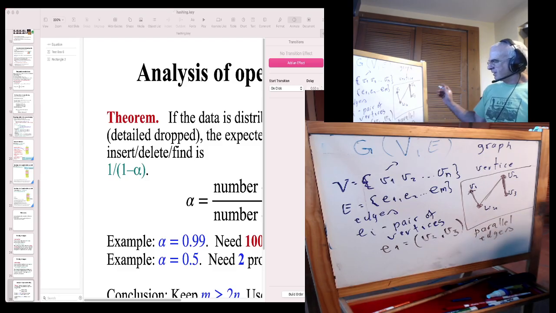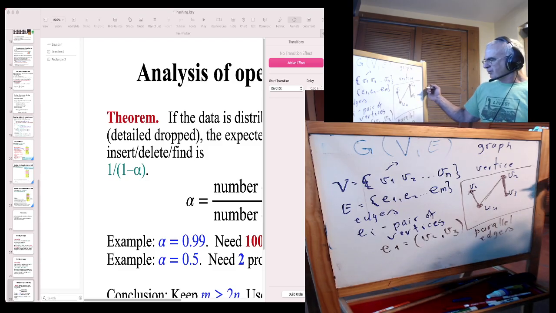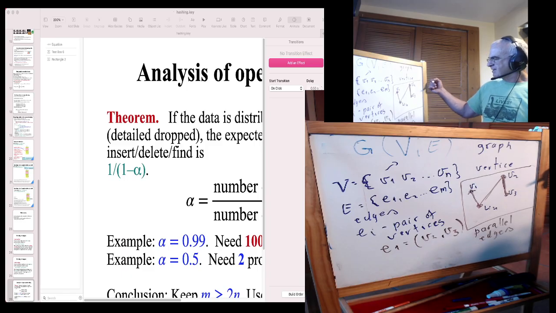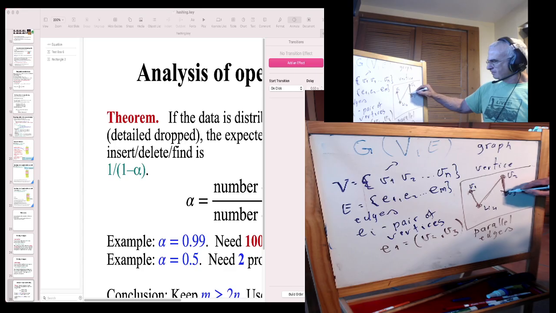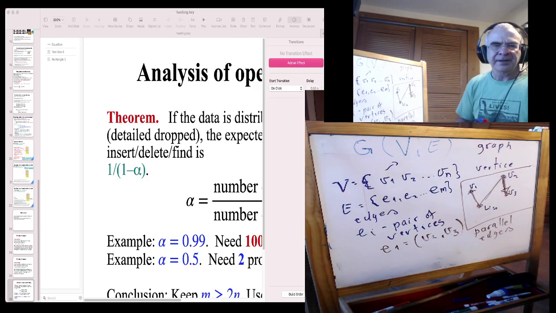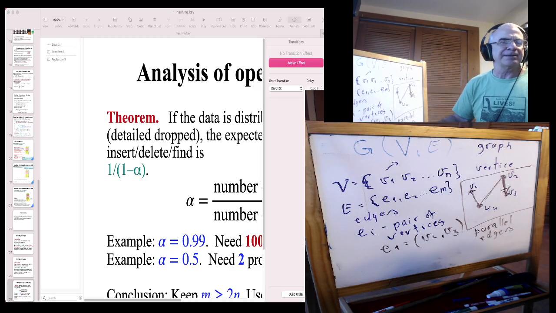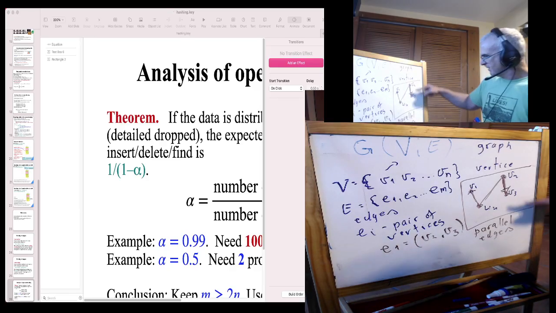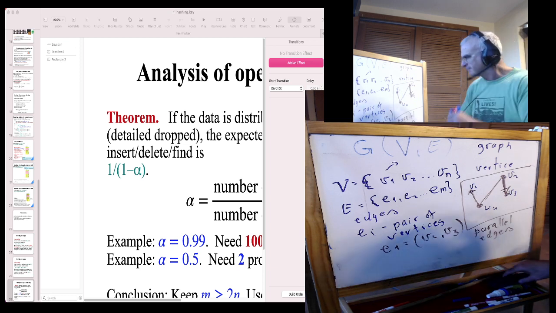Okay, and that was about undirected graphs, but I can have some of the edges, or all the edges, be directed. Say V2 follows V3, but V3 is not following V2, and then the directed edge has a direction, an arrow directing it.